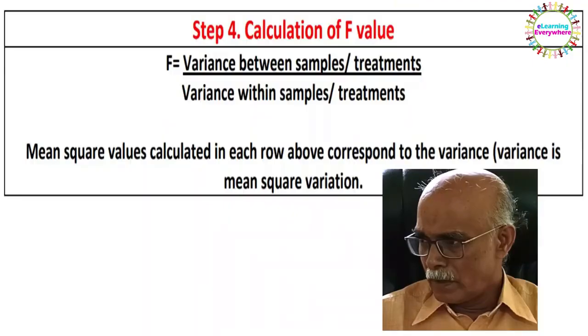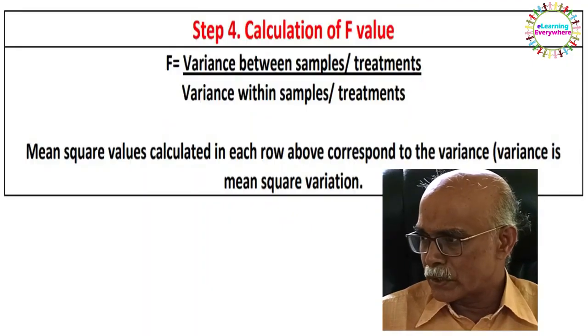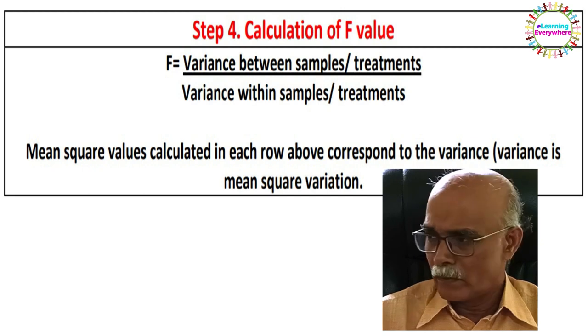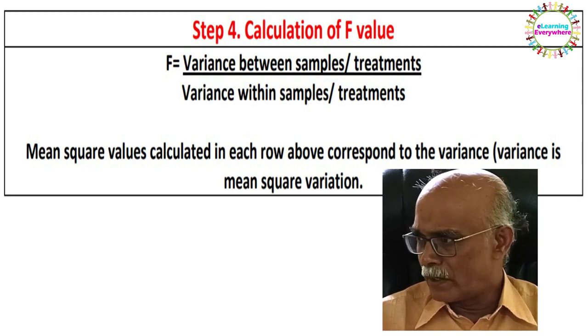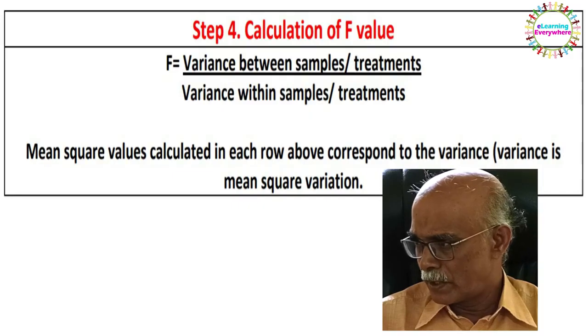And then you are calculating the F value. F value is calculated using the formula F is equal to variance between samples or treatments divided by variance within samples or treatments. Mean square value is calculated in each row above, and they correspond to the variance.